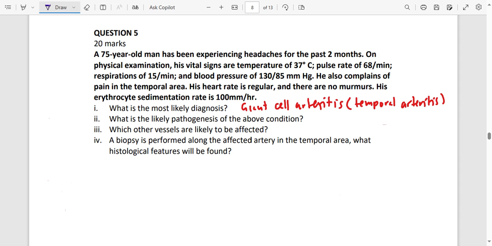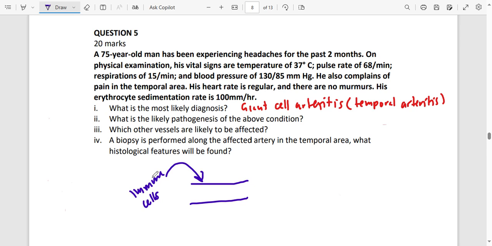So the immune system will start attacking the blood vessels by mistake. So here is your large or your medium sized artery. Your immune system starts to attack. So I've got your immune cells attacking. Okay. So that is immune mediated inflammation.